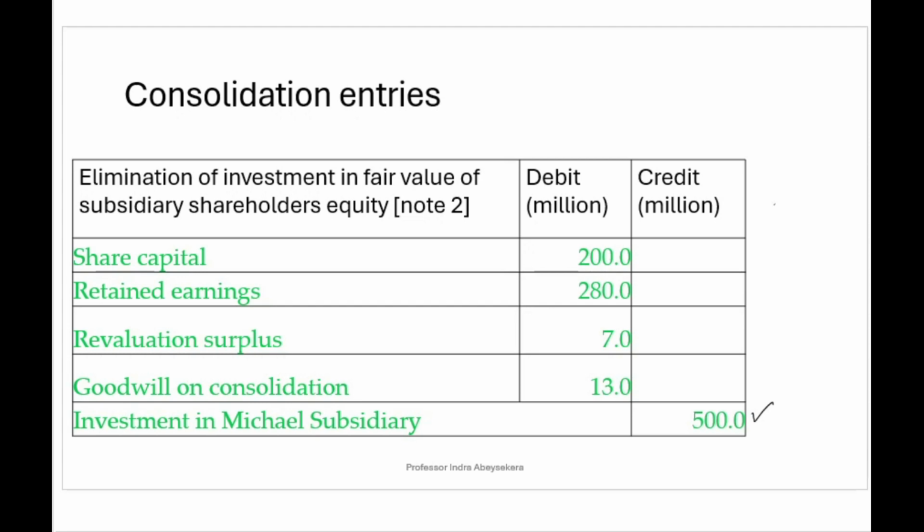We debit share capital, 100% was acquired, 200 million, and we debit retained earnings, 100% was acquired, 280 million, and 100% of revaluation was acquired, and that's 7 million. And the remaining amount was an investment made for an intangible that cannot be individually identified, and that's the goodwill on consolidation.